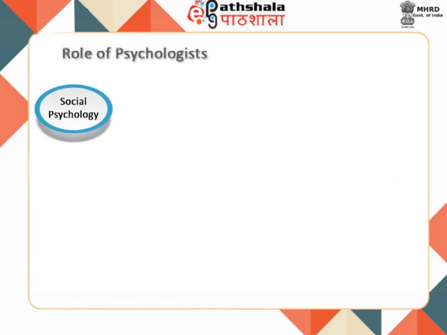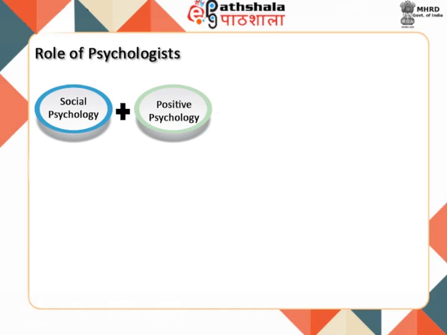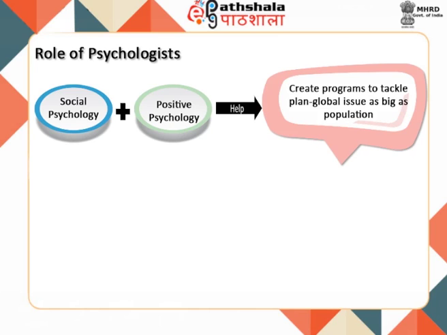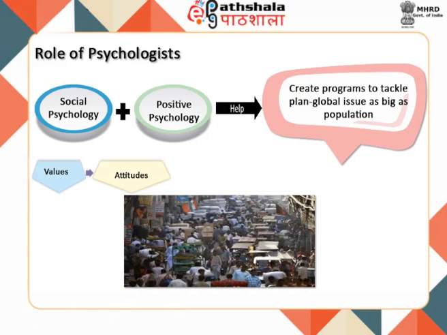Social psychology, along with positive psychology, can help create programs to stimulate friendly behavior to tackle a pan global issue as big as population. It can elaborate on both sides of appeal for individuals by highlighting importance to values, attitudes, perceived responsibility, and at the same time addressing their need for convenience, cost justification, and lifestyle.